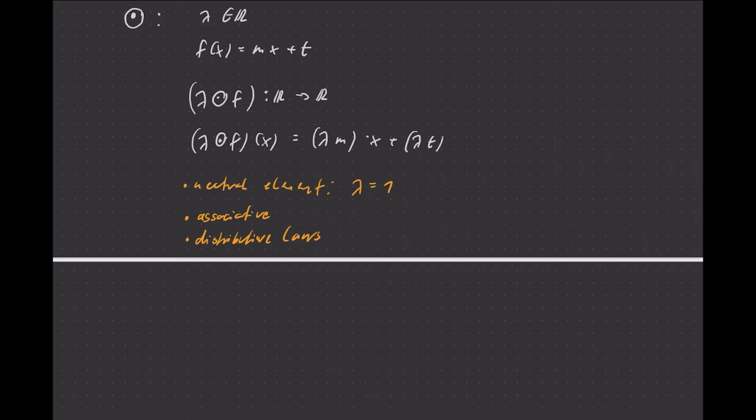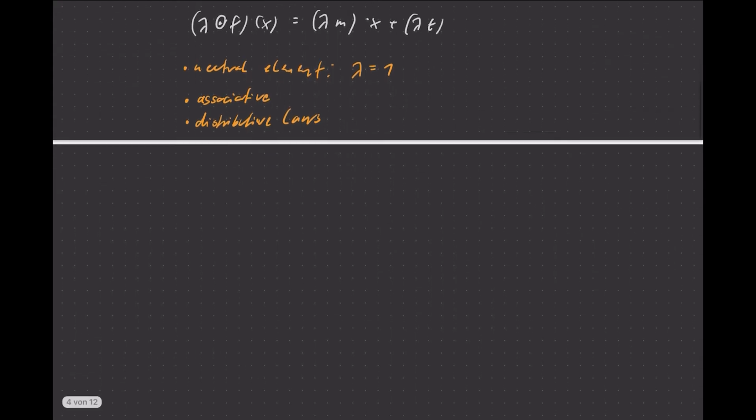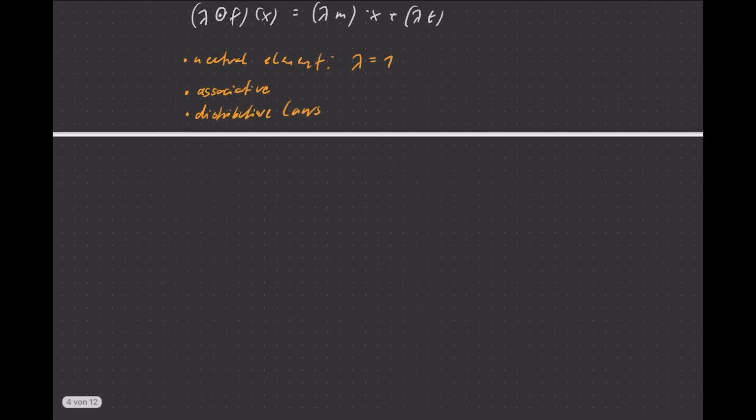Now that was a somewhat abstract, but still hopefully pretty simple example. I'd like to quickly discuss a generalization of that we will encounter sometimes. And it works in the same way.